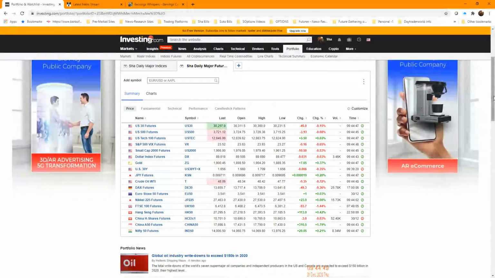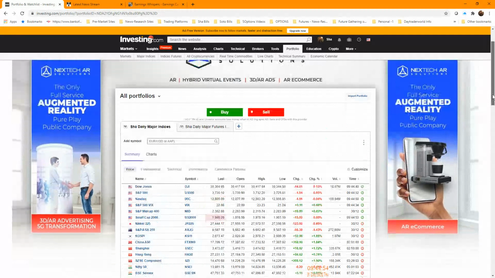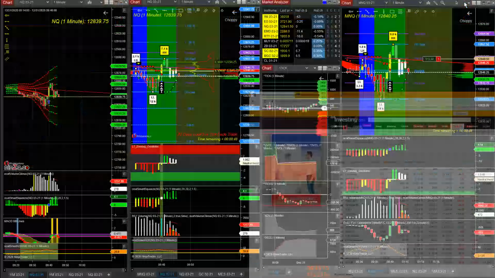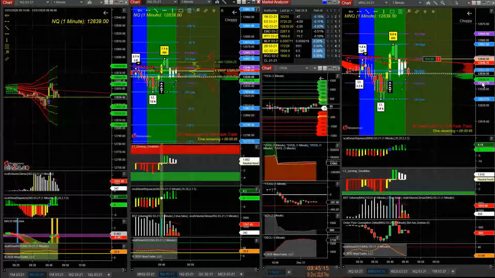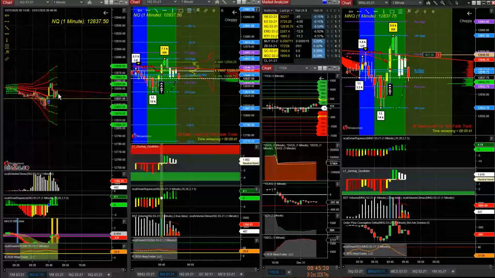Not doing much on the futures, on the indices. Asia was good. These were down. Look at the European market, they're getting crushed. Look at London. FTSE 250 is down big, right? So they're selling early.